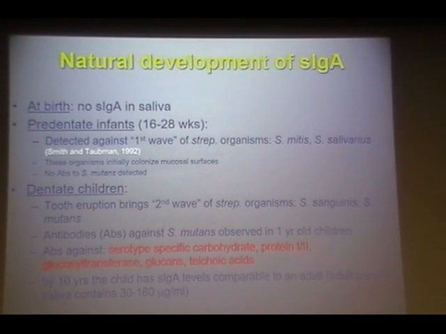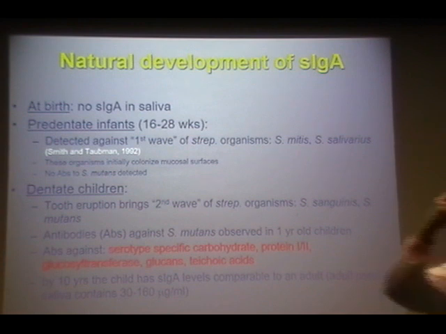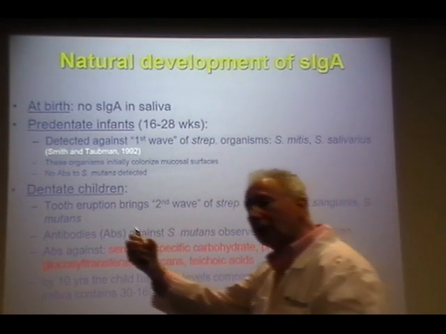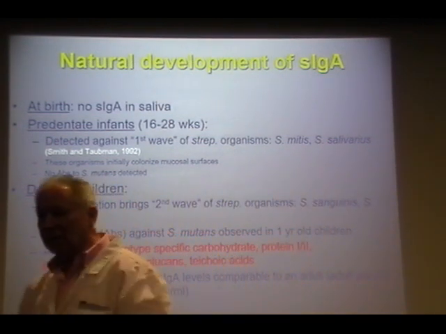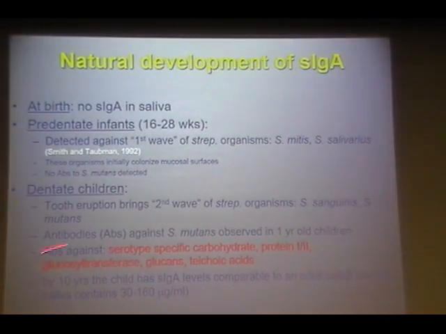These guys, protein 1/2, this is a term used for adhesin molecules. These are adhesins. So these are molecules that will bind poorly, but will bind to salivary pellicle. And glucosyl transferase. This is an enzyme. See, it says ACE at the end of it.